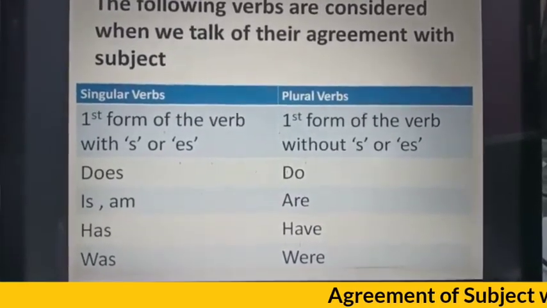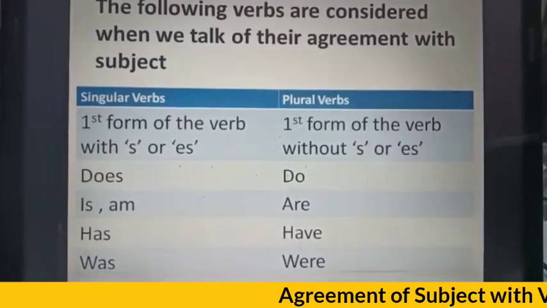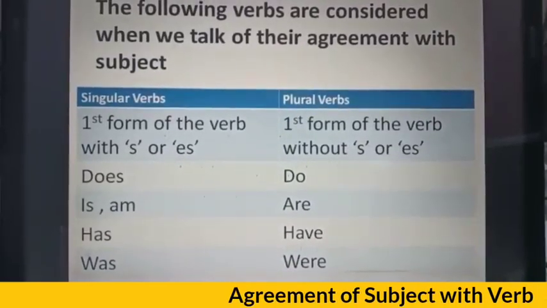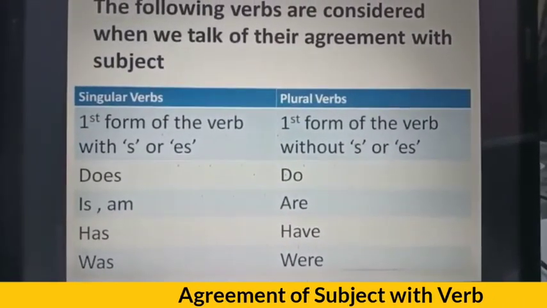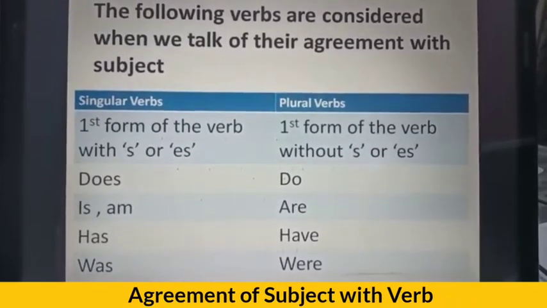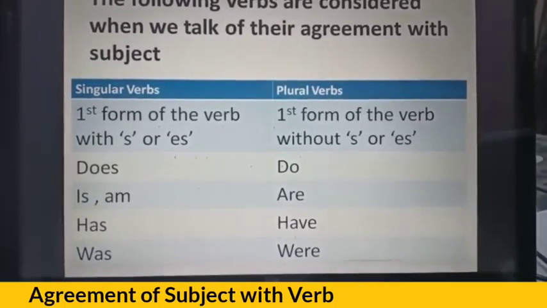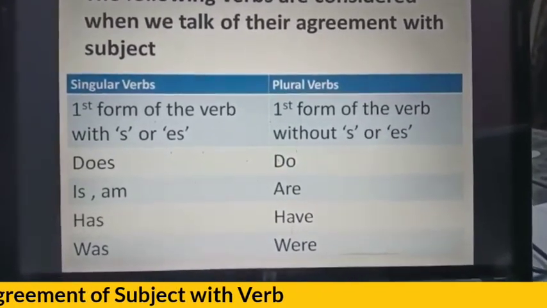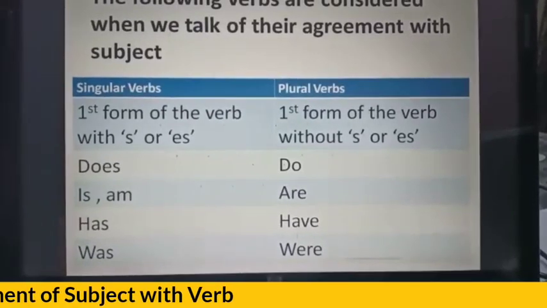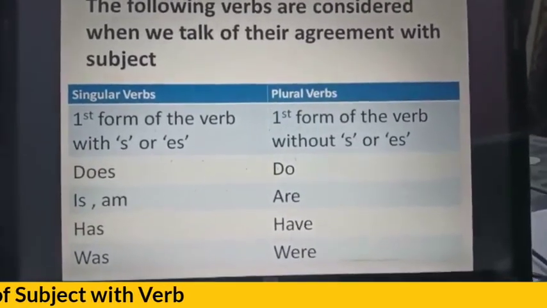For example, first form of the verb with s or es, does, is, am, has and was are called singular verbs because they are used with singular subjects. Similarly, first form of the verb without s or es, do, are, have, were, are plural verbs because they are used with plural subjects.